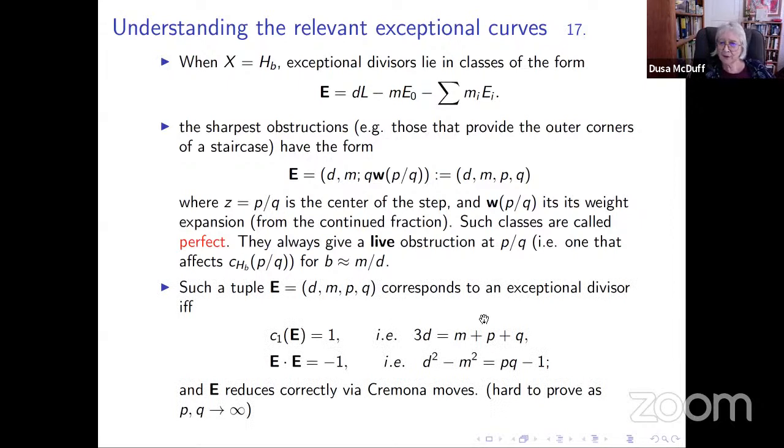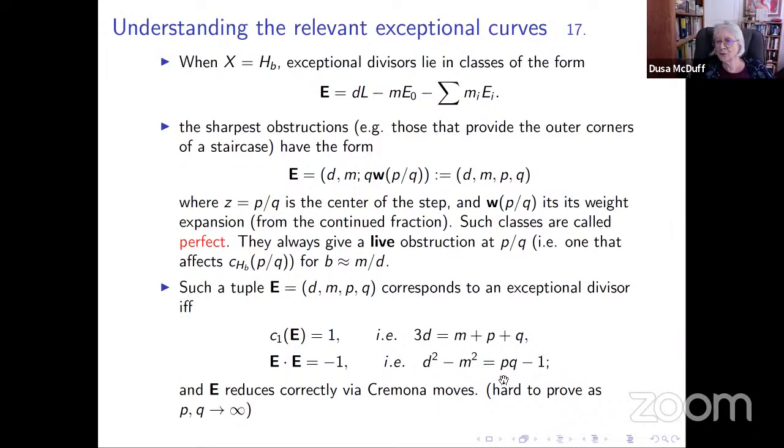These classes actually correspond to exceptional divisors because the ones we're interested in satisfy these equations where c1 is 1, so that tells you that 3D is M plus p plus q, and the self-intersection is -1, which tells you this numerical condition, and that E reduces correctly under Cremona moves.